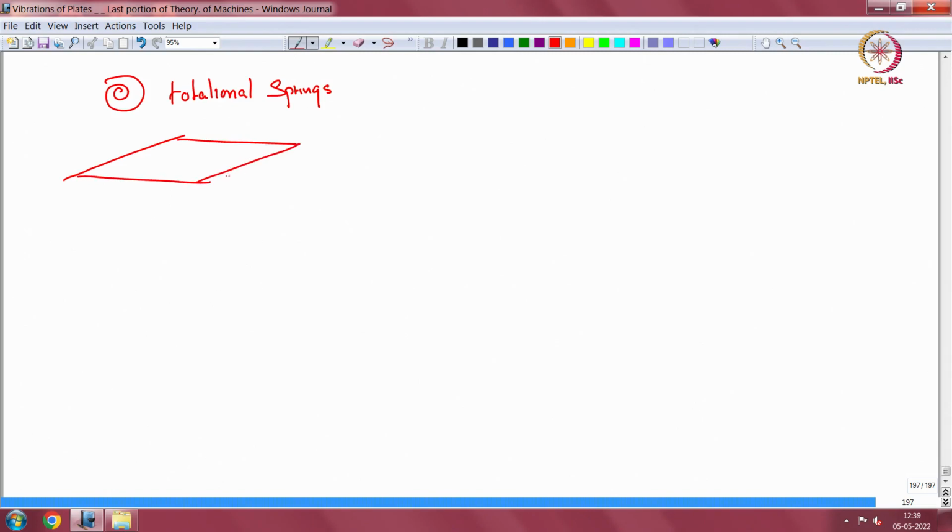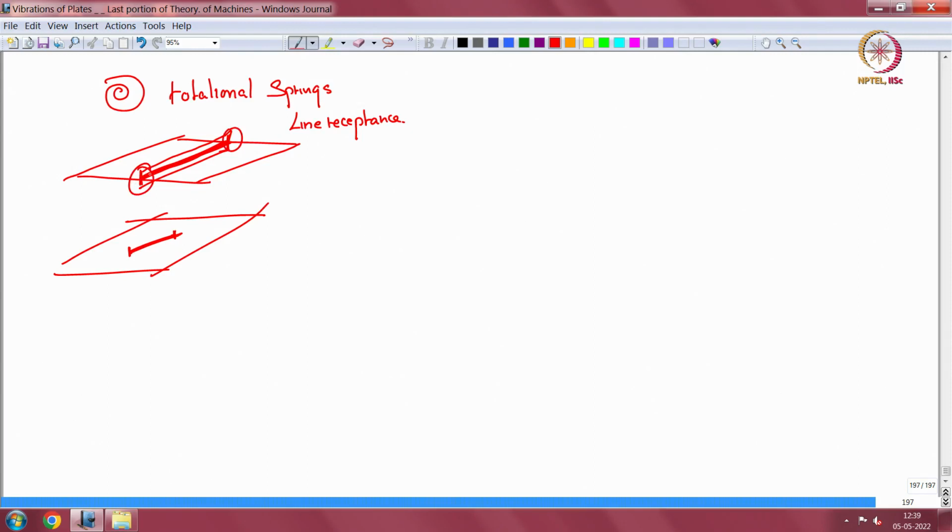You have a plate and you want to stiffen along an entire dimension using a beam or something. You can do that using line receptance. You cannot do it if it's a part. If it's along the entire dimension, then you can do it because this boundary condition is known. It's the same boundary condition as that of the plate, then it's doable.